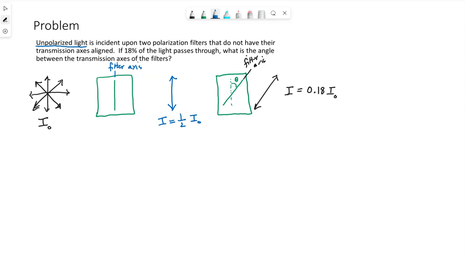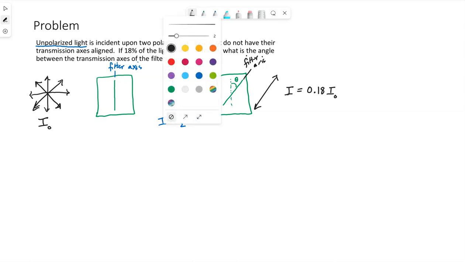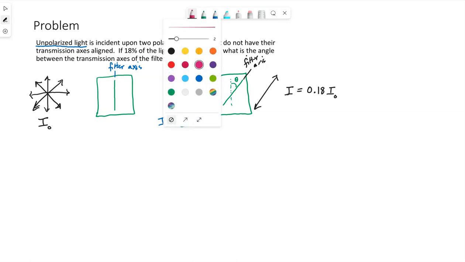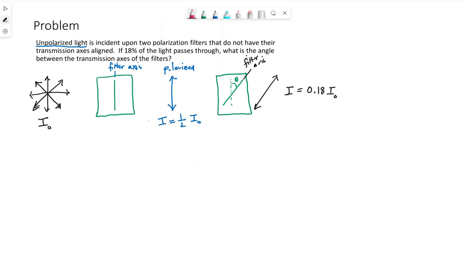It's lined up with that filter axis. And it is now polarized. We now have polarized light.